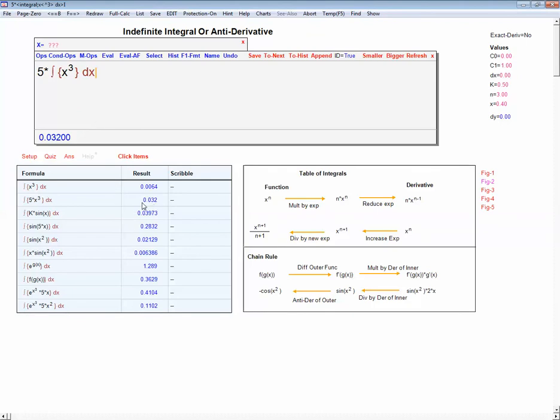Notice this number here, the 0.32 that we started with, we still have it even though we've moved the 5 outside. And now this thing inside is just what we had before. So this is going to be 5 times x to the fourth over 4. And we have our 1 there indicating we are good.